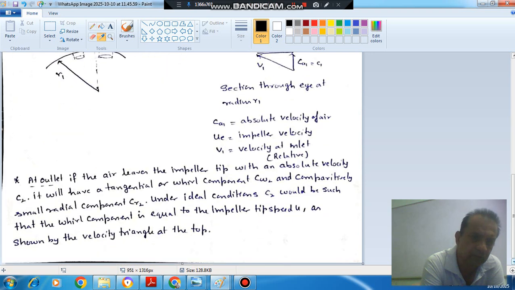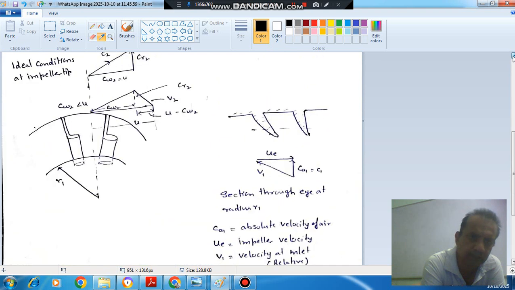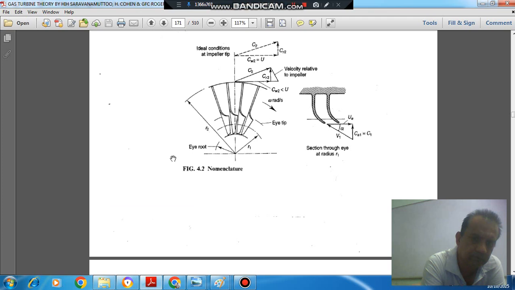At outlet, the air leaves the impeller tip with an absolute velocity C2, so it has two components, CW2 and CR2.